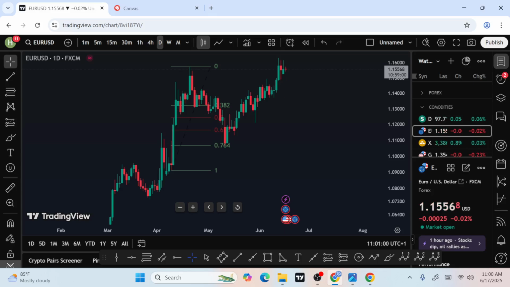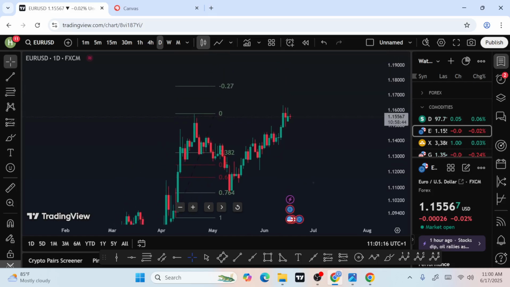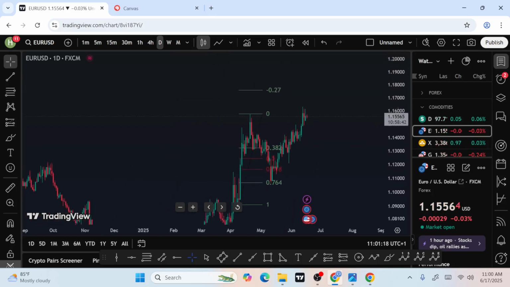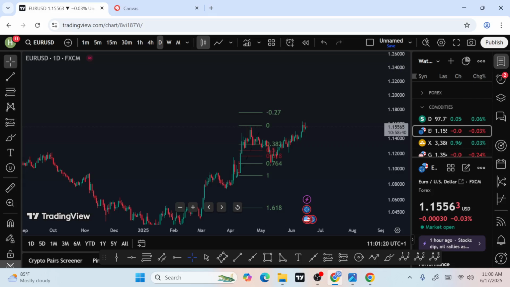Like where I have a bullish confirmation, how do you know that it's going to go back up? That's why they have levels.